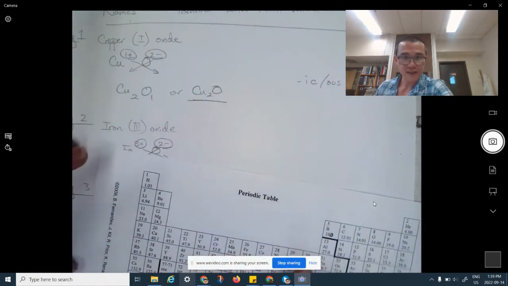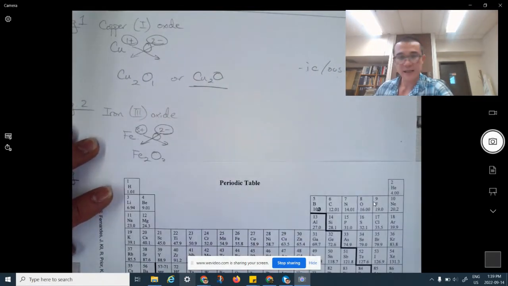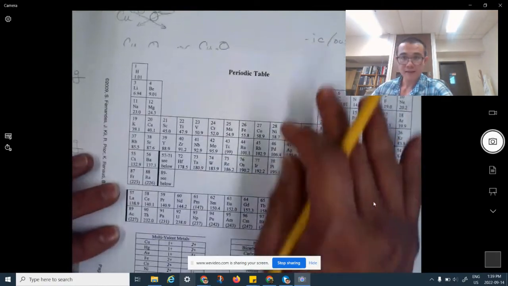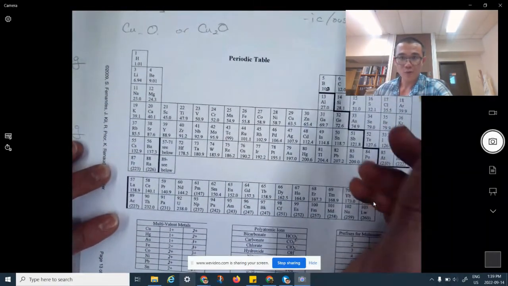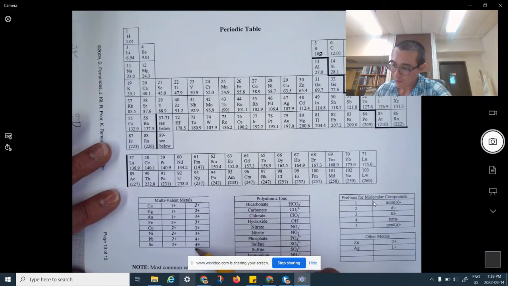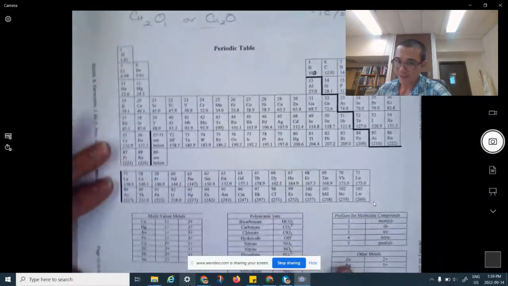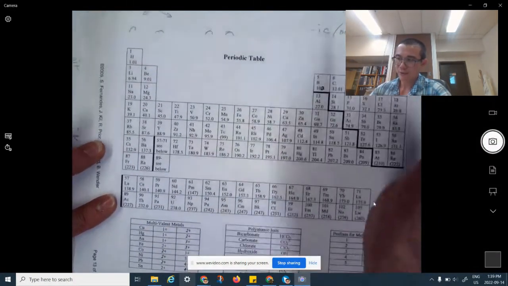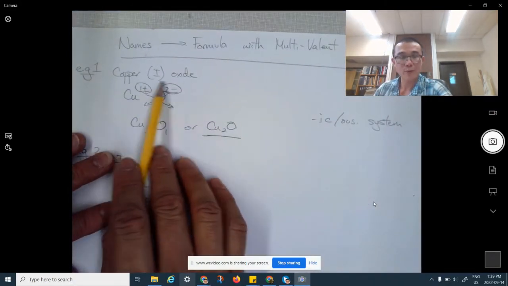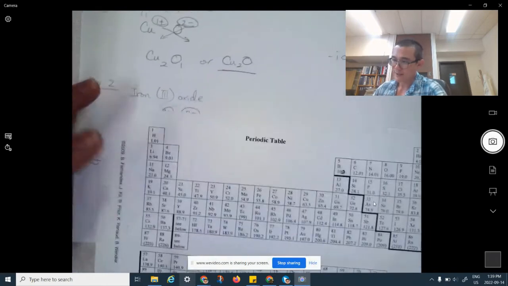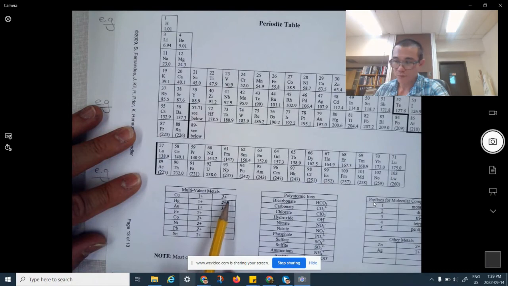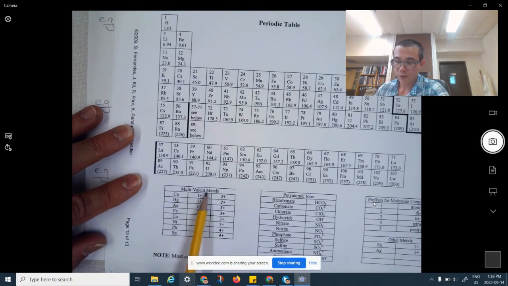If you ever see something like this, an -ic and an -ous system, you're still dealing with multivalence metals, but rather than telling you what charge it will be, they expect you to remember that the higher ones are symbolized by -ic, and the lower ones by -ous. So the first one here, copper 1 oxide: in this system, copper could be 1 plus or 2 plus, so you're using the lower one.